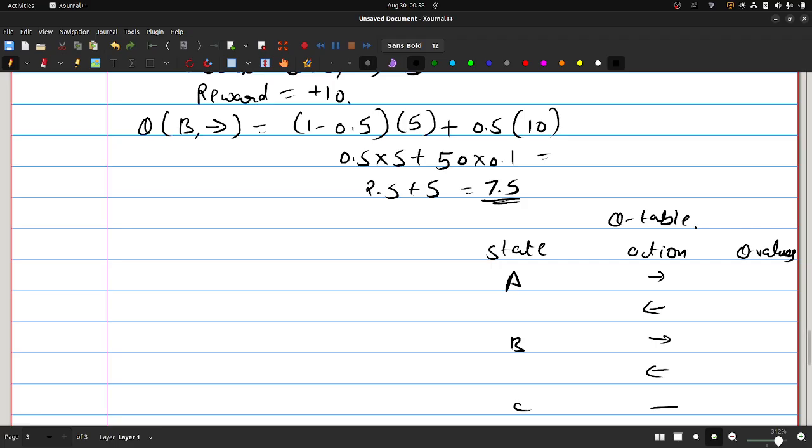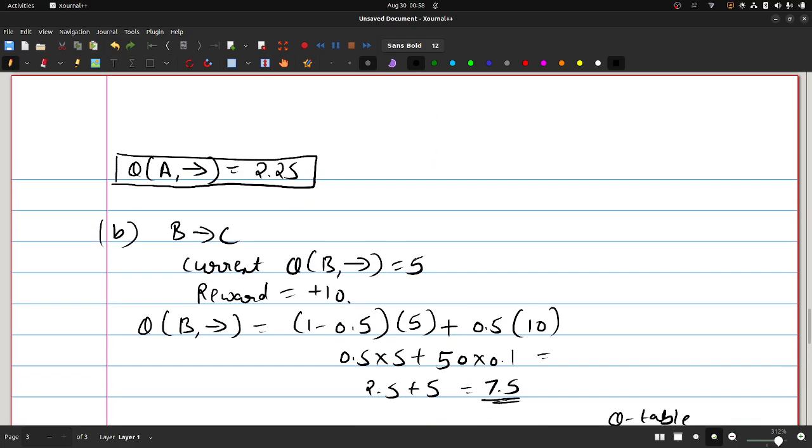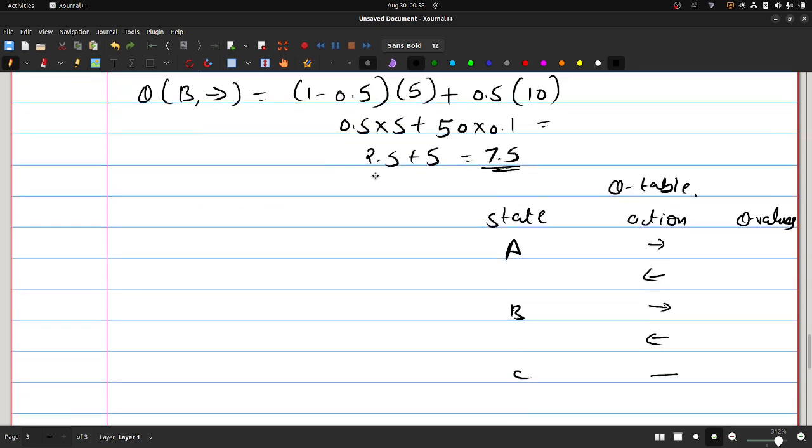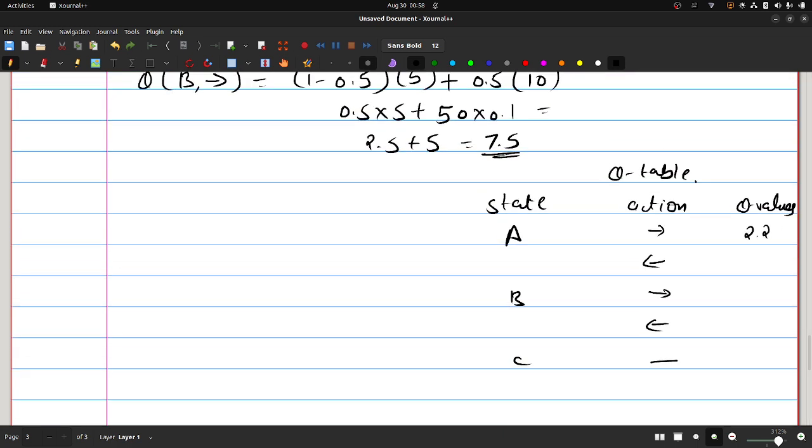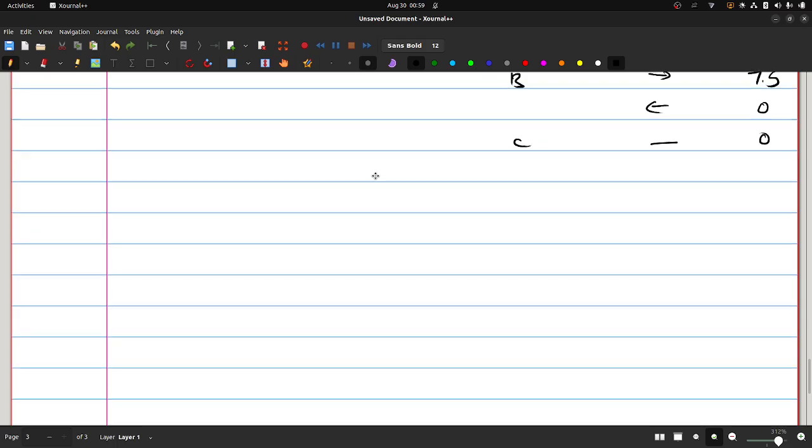What is the Q value for A? It is 2.25 when it takes a right action. For left action it is 0, and for B when it takes a right action it is 7.5. When it takes a left action it is still 0, and for C it is still 0. So we can see that our Q values are now updating. Let us go to the third episode now.